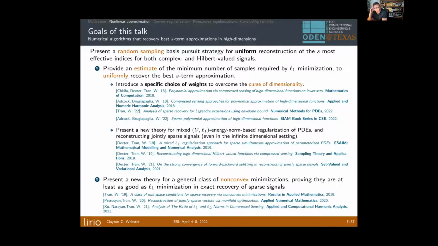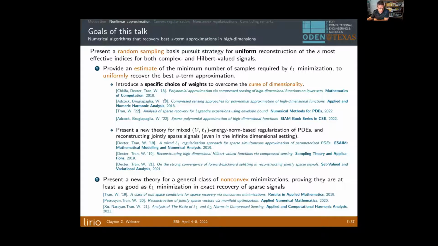And then I'm going to show you that we can recover both complex valued and Hilbert valued signals in this particular setting. I'll show you how to recover the number of samples required by L1 minimization to guarantee that best approximation. And then I'll show you, I don't like using words like overcome, but at least a specific choice of weights to fight that curse of dimensionality that will show up.